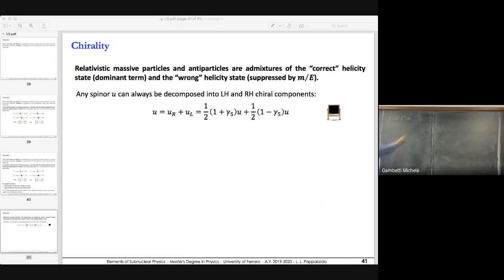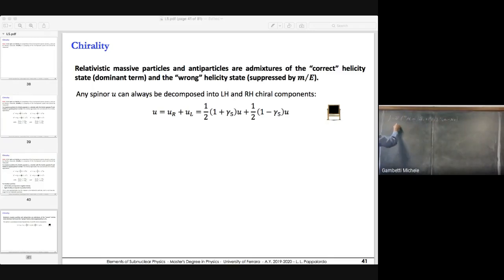Now we just learned that we can always decompose the spinor and the adjoint spinor in terms of the left-handed and right-handed spinors. So this is (u_L + u_R) adjoint, gamma mu, (u_L + u_R). Let's now take all the products here.